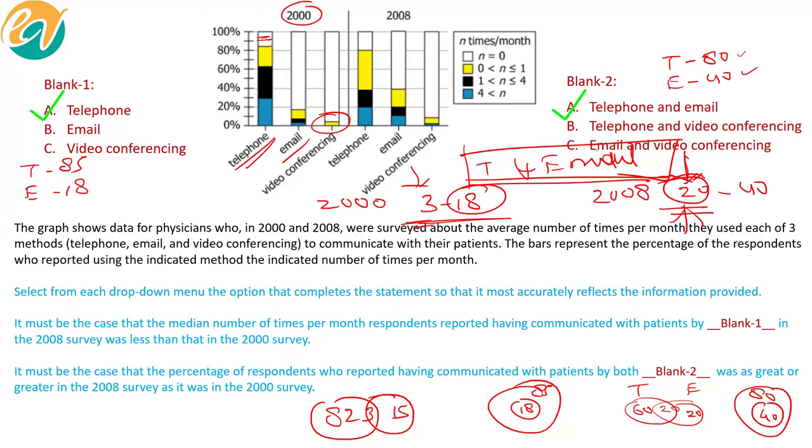As in 85% respondents use telephone, and from the remaining 15%, these 4% use video conferencing, right? If that's the case, then 0% physicians use telephone and video conferencing both.